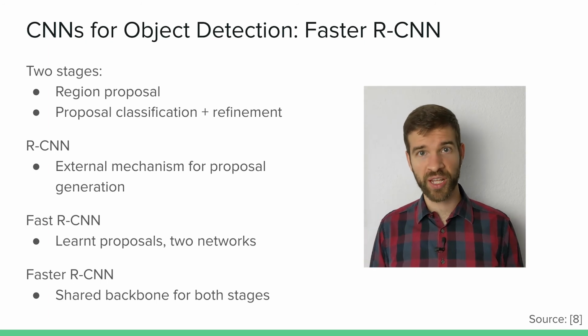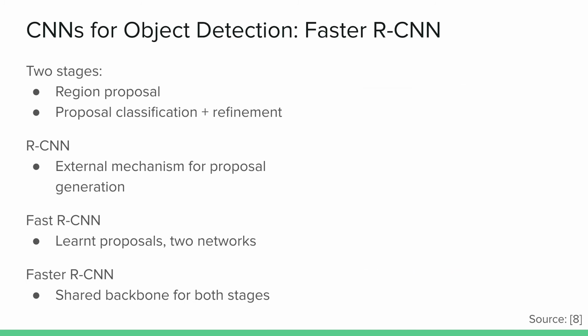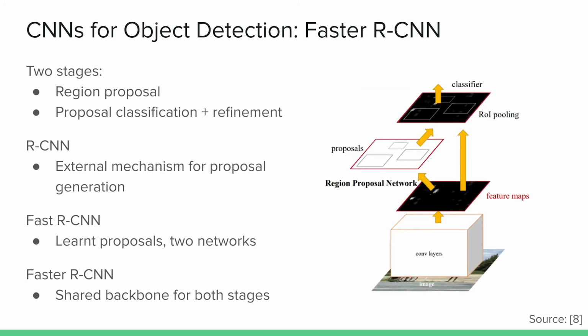So we have one neural network with a so-called shared backbone for extracting features. Then we have the following architecture where we extract region proposals. That's our first head, which takes these feature maps and produces region proposals in the output.